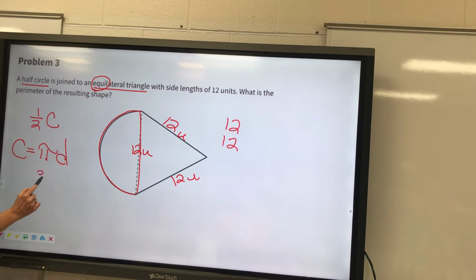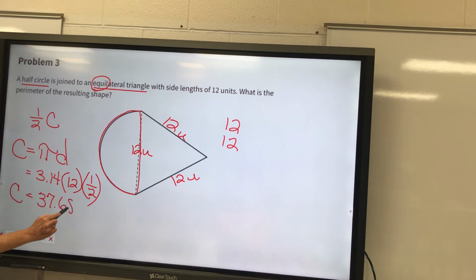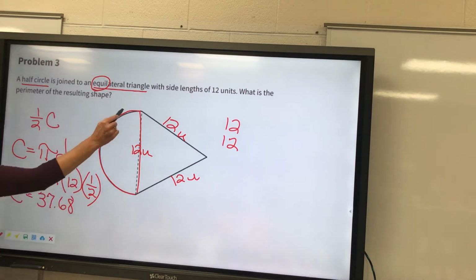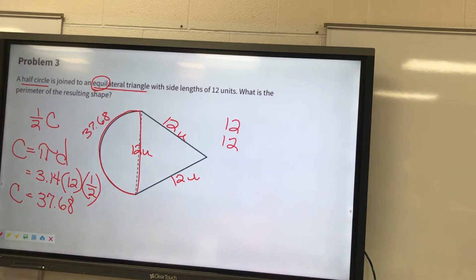So I'm going to take 3.14 times 12, and then multiply it by 1/2 because I only have half a circle. Okay, so what do I get for the circumference, this curved part here? What is that distance? 37.68. Okay, what am I going to do with that 37.68? So the distance here is 37.68. So how am I going to find the perimeter of this shape?